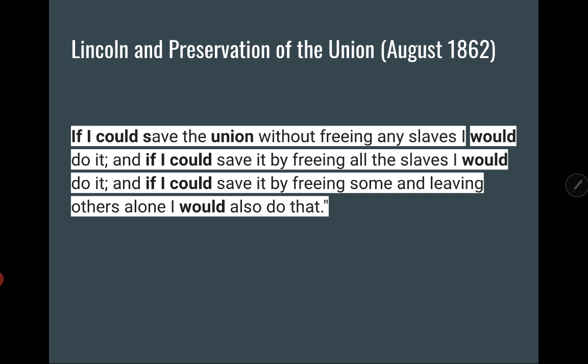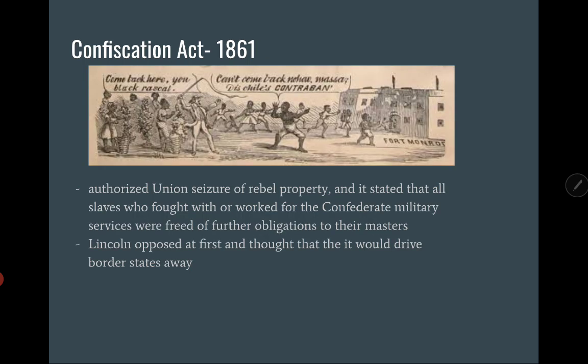And if I could save it by freeing some and leaving others alone, I would also do that. So that being said, as the war starts to progress, in Fort Monroe, there is actually a question that generals have about what do we do with slaves that run to the Union lines as runaways, right? Or as they are going into the South and fighting this war.